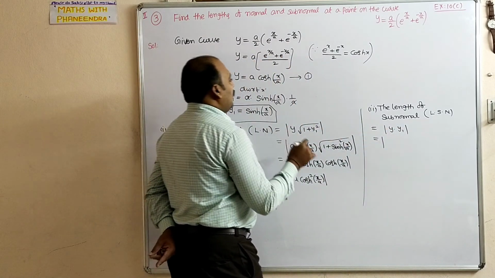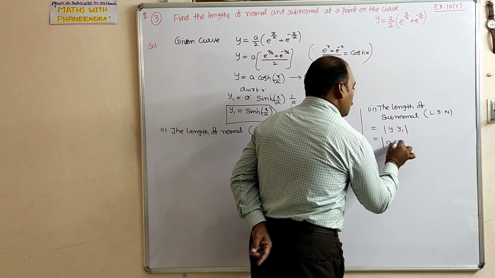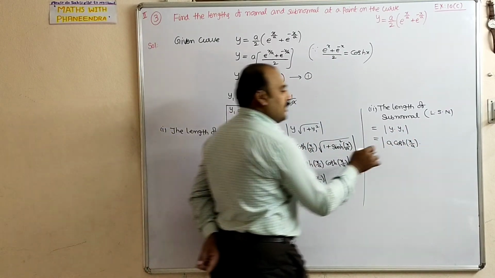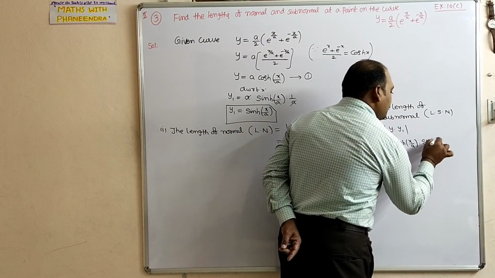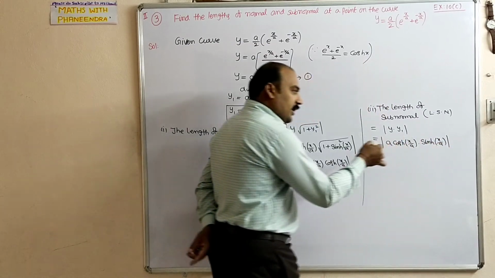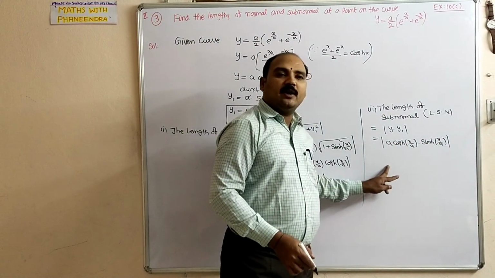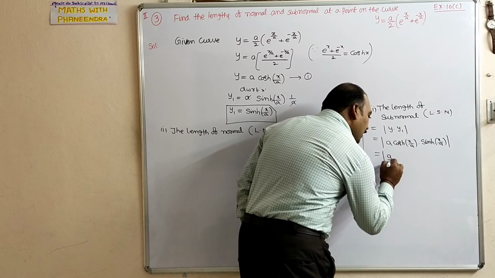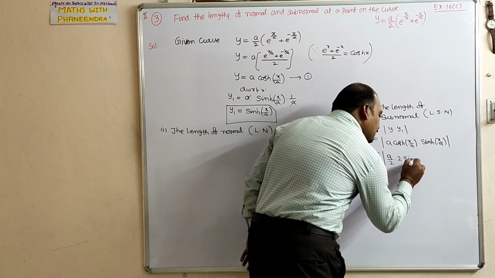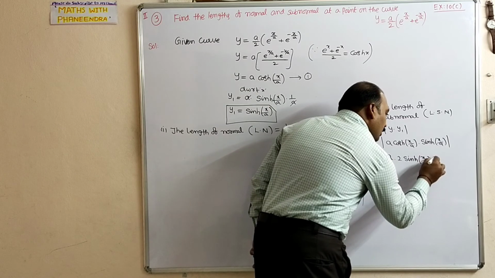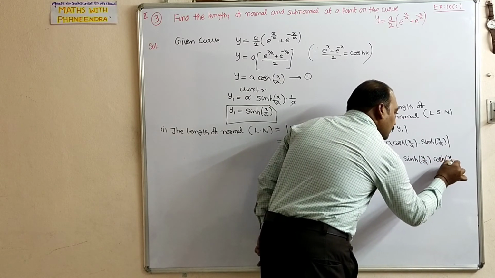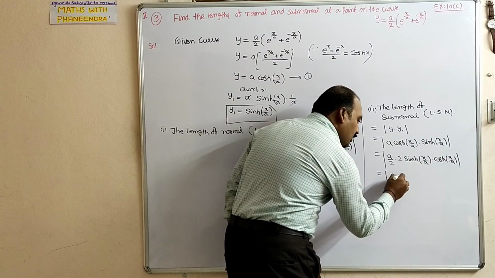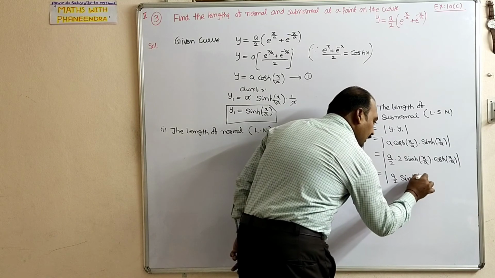Mod y value, again you have to write it, a cosh x by a into y1 value sinh x by a. After this step, we multiply and divide by 2 to get the formula form. So now a by 2 into 2 times sinh x by a into cosh x by a. So 2 sinh x by a cosh x by a is sinh 2x by a. So a by 2 into sinh 2x by a.